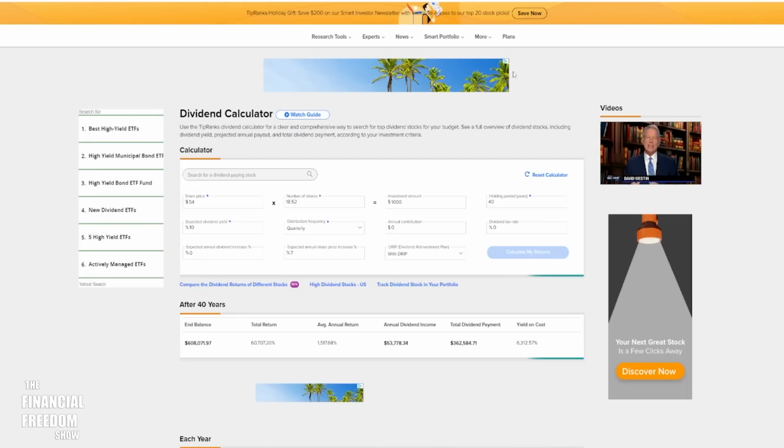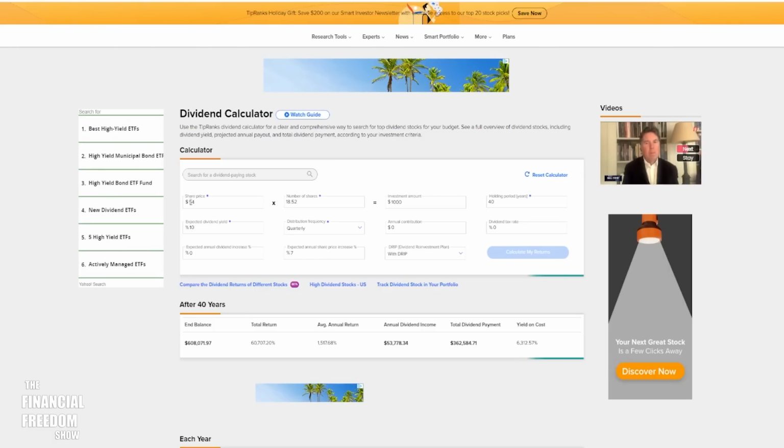We will use this dividend calculator to see what your investment would be like over the long term in both SCHD and JEPI. So basically, let's take a look at JEPI.